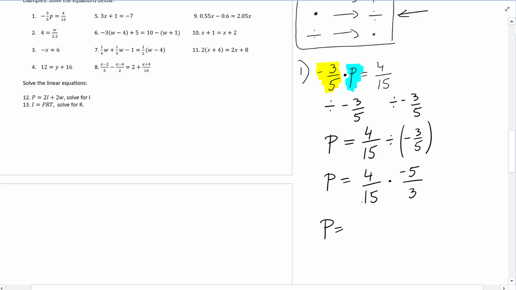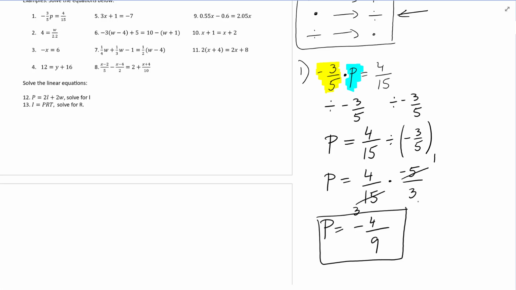And 15 and 5 can both be divided by 5, so we get 1 and 3. And we multiply the fractions across. So 4 times negative 1 is negative 4, over 3 times 3 is 9, and we found out that the variable p is negative 4 over 9.